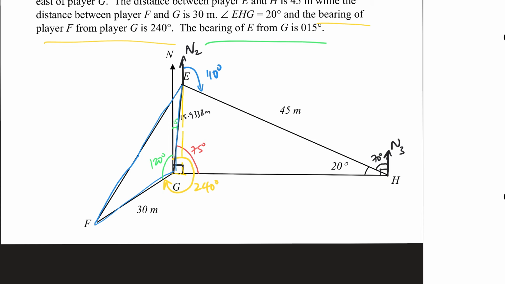The question is saying find the distance from E when player G is closest to E. It's closest when you draw a perpendicular from E, and so we're trying to find this distance.